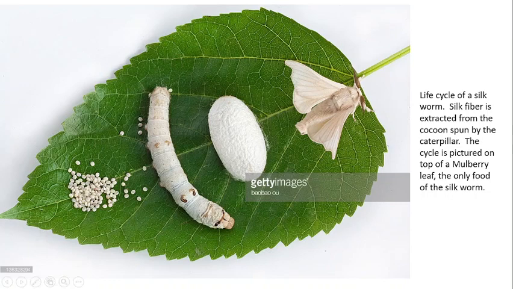So we all know the process that caterpillars go through. They hatch from an egg, they feed as a kind of worm-like caterpillar. Then when they get fat enough, they create this little cocoon made out of silk strands. And then after a period of time, they metamorphose into their adult form, which is the moth.